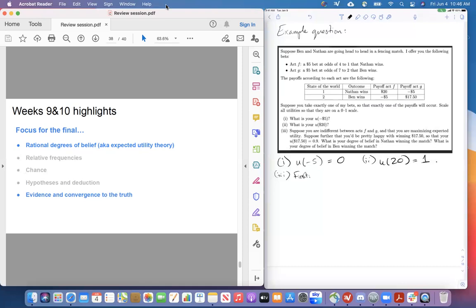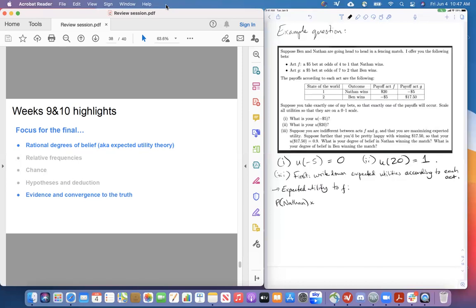The steps doing this question. First, write down expected utilities according to each act. What that means is expected utility according to F. That is your degree of belief in outcome 1, so in Nathan winning, times how happy you'd be if you took bet F and Nathan won.